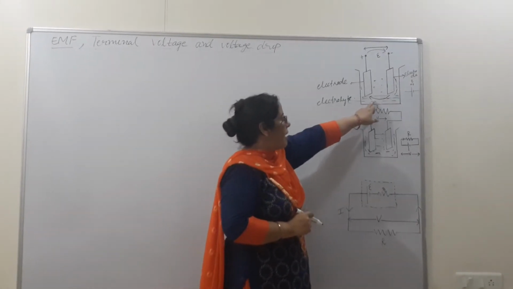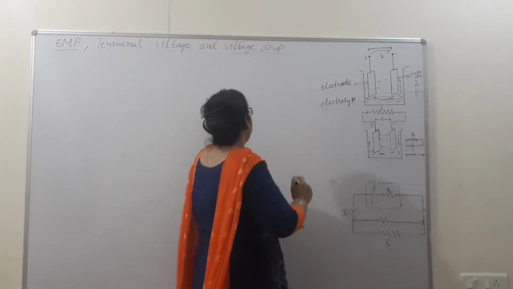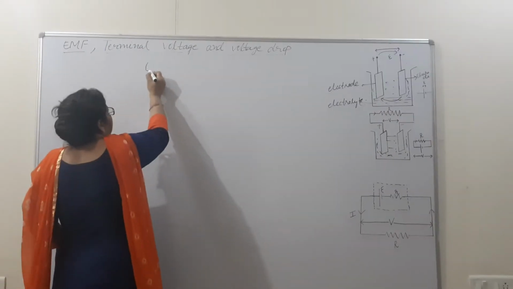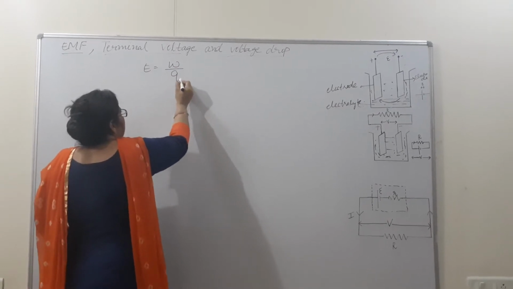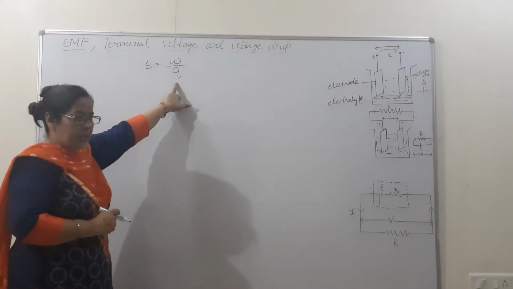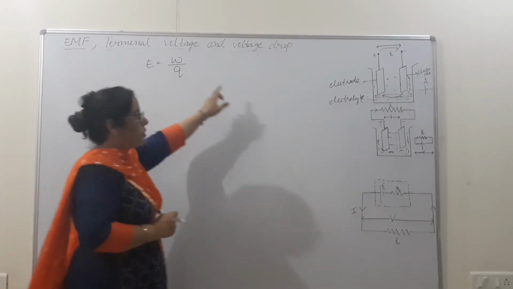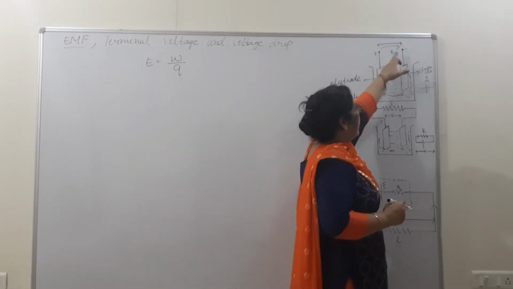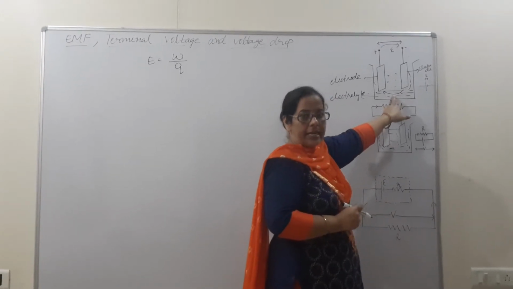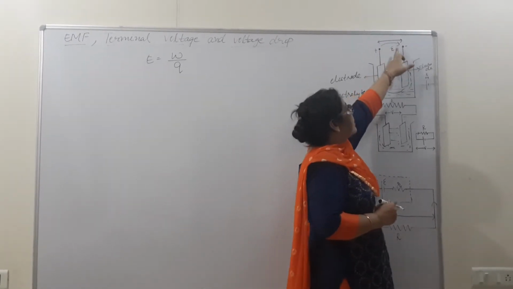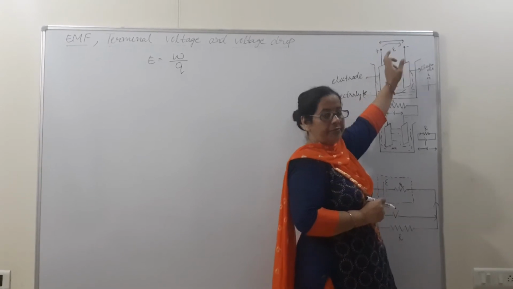So what is EMF? EMF is equal to the amount of work done when a unit positive charge moves around the whole circuit, within the electrolyte inside the cell as well as outside in the circuit.